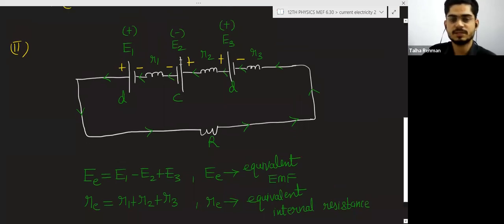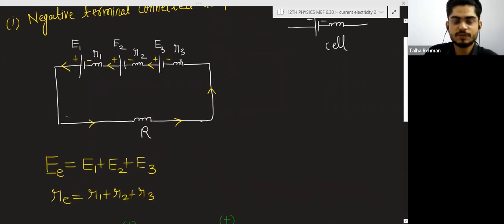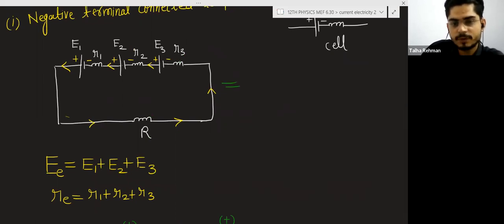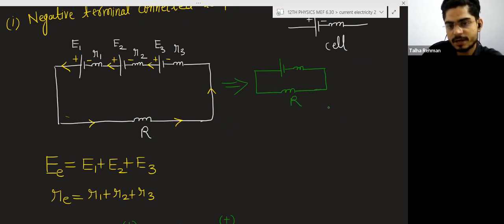So in this case, if you want to draw the equivalent circuit, you can draw it like this. You will replace all these cells with a single cell of equivalent EMF and equivalent resistance. Here R is connected.